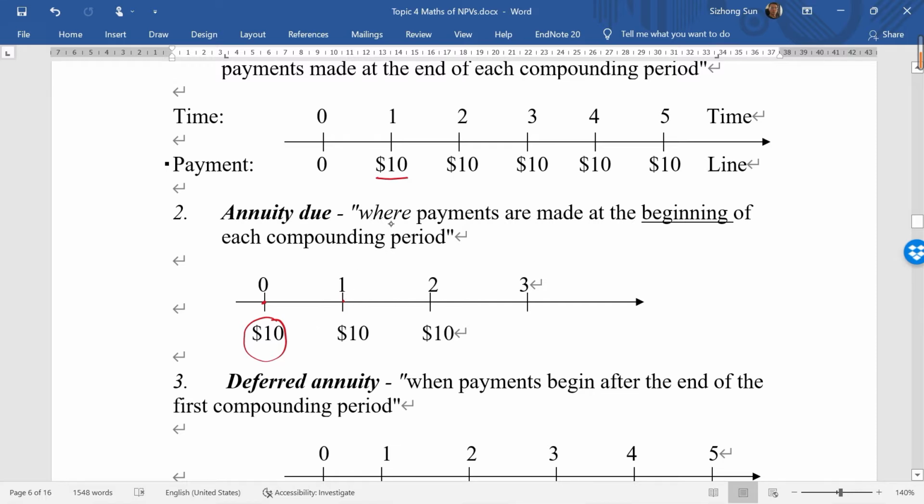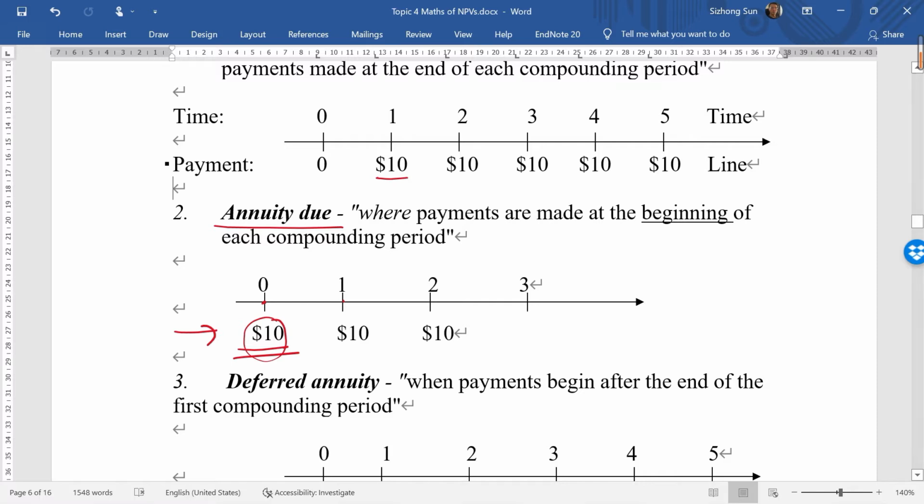So if the payment occurs at the beginning of each compounding period, then we call this an annuity due. You should know that in such a case, the first payment is already present value, so you don't need to discount it.